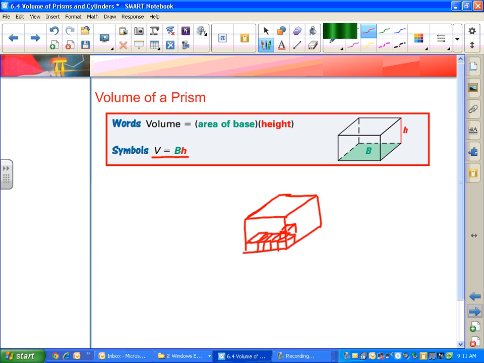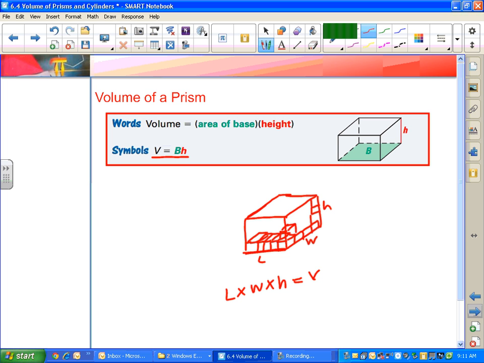Okay? So the way we find that is we multiply how many cubes we have this way times how many cubes there are this way times how many cubes there are going up. So length times width times height. And that might be a formula that you've already known about volume of a rectangular prism, right?